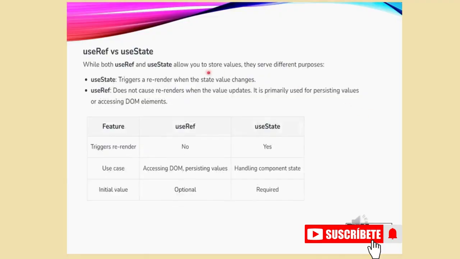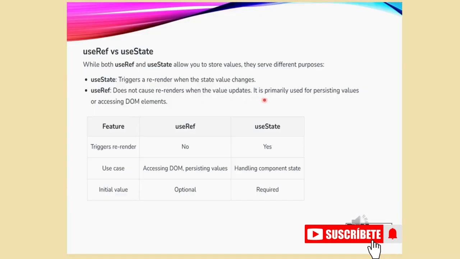Oh, not next. One difference between useRef and useState: while both allow you to store a value, they serve different purposes. First, useState triggers a re-render when the state value changes. Second point, useRef does not cause re-renders when the value is updated.